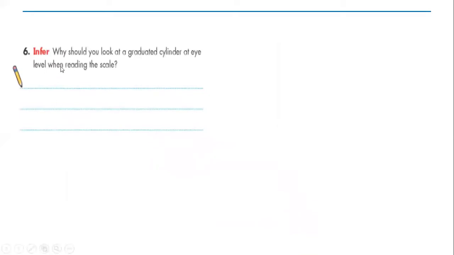Who can read for us question number 6? Why should you look at a graduated cylinder at eye level when reading the scale? You cannot see the exact level of the liquid unless your eyes are at the same level as the liquid. Your eyes must be at the same level as the liquid.